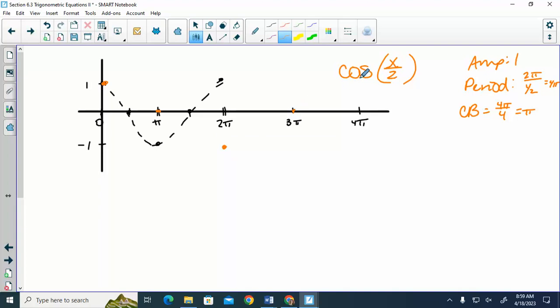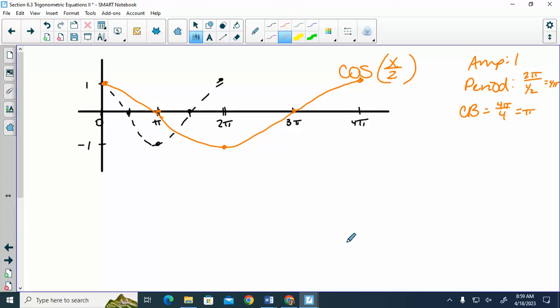When you have something multiplied with your x, it changes the period, how long it takes for your graph to repeat. It's a really bad curve, but in this case, it stretched it out. So we can't really just get the solutions from 0 to 2 pi, because is that even one full cycle of the graph anymore?